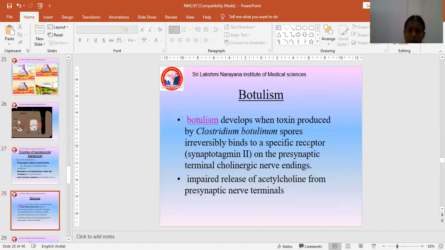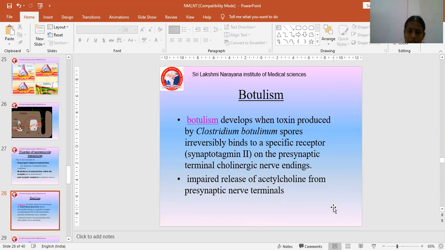Botulism is a condition which develops when the toxin produced by Clostridium botulinum spores irreversibly binds to specific receptors on the presynaptic terminal of the cholinergic nerve ending. This leads to impaired release of acetylcholine from the presynaptic nerve terminal.